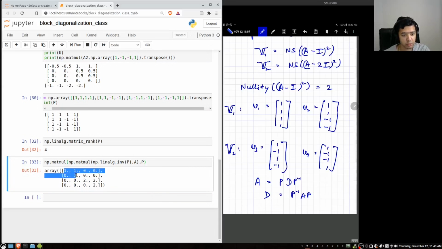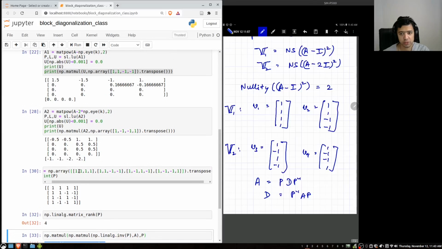It has two blocks, 1 1 0 1 and 2 1 0 2. Okay, so this is a way to find the block diagonal matrix which is similar to our given matrix.